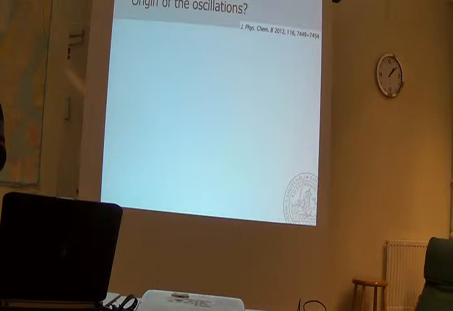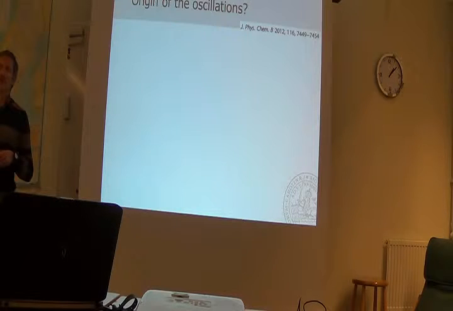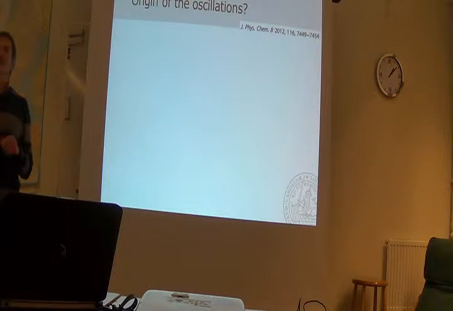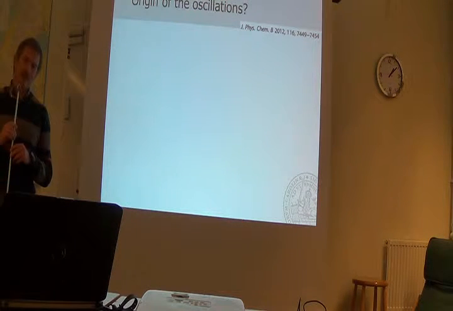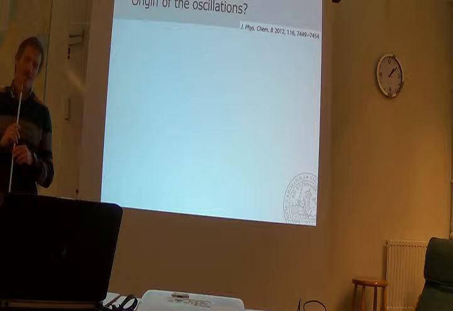I kept asking questions. If you were to excite coherences between the vibrational levels, how would they look? Would they be very different from those oscillations that you see in those samples? And the answers were not really very convincing.